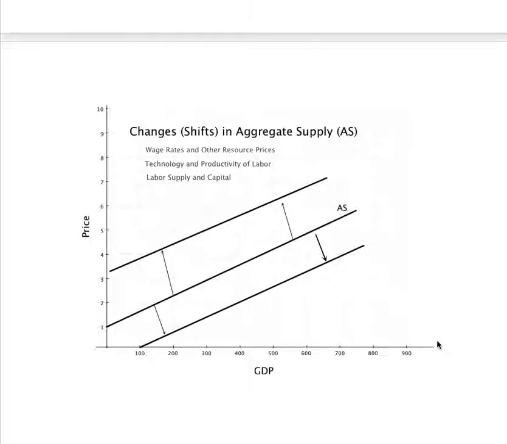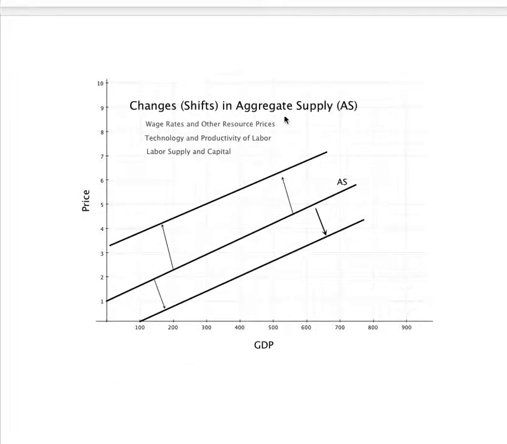So when we look at non-price changes in aggregate supply, here we have the original aggregate supply curve. We have price on our y-axis and GDP on the x-axis. We have three non-price factors, the first being wage rates and other resources. If wages go up and resource prices go up, say oil prices and wage rates go up, guess what's going to happen?